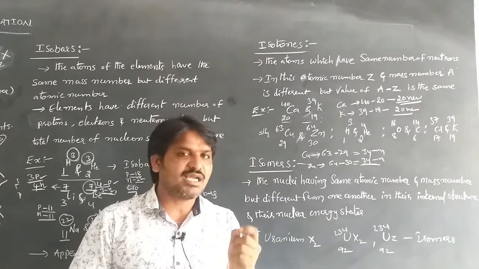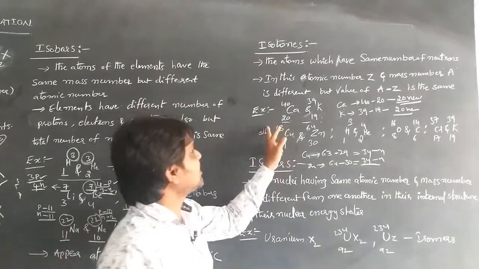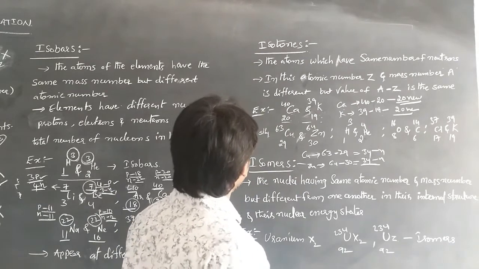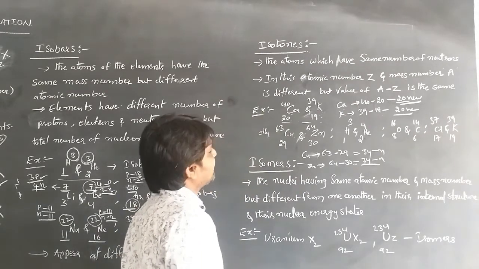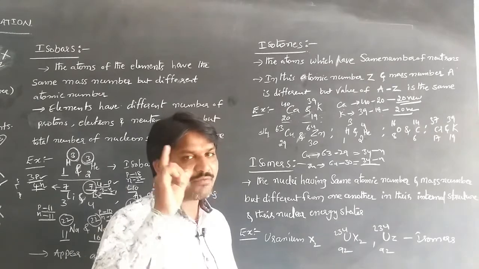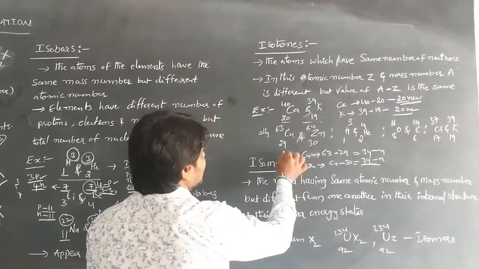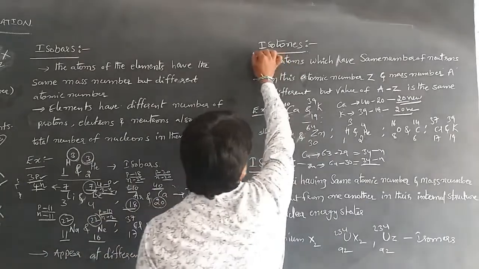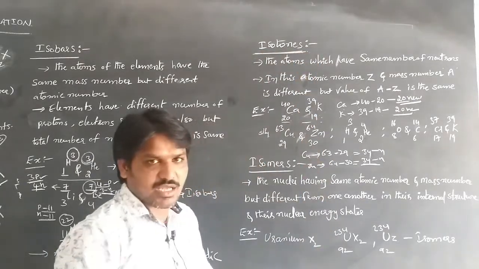So we can say the atomic number Z and mass number A are different, but the value of A minus Z, the number of neutrons, is the same.